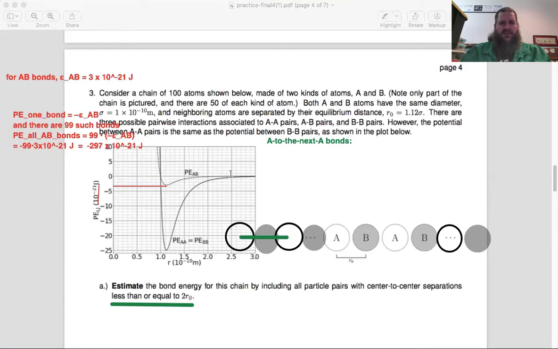Instead of using the dotted line graph, we're going to use this solid line graph because we are talking about AA rather than AB. But they are no longer close together, so we're not going to use the low part. We're going to have to use what R value instead? What's the actual distance from an A atom to the next A atom?